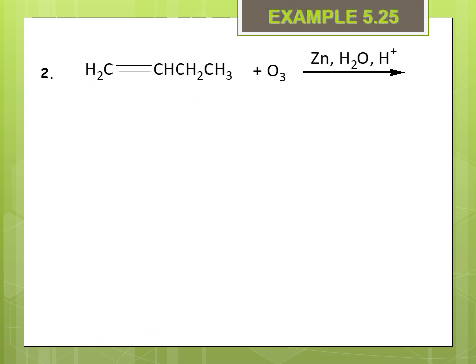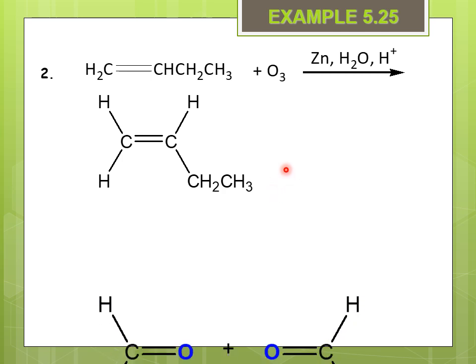Okay, for question number 2, the reactant here is butene. So we are going to draw it like this so that we can see how many R it has. On the left, we can estimate or predict that it's going to produce methanol, whereas on the right, it's going to become propanol.